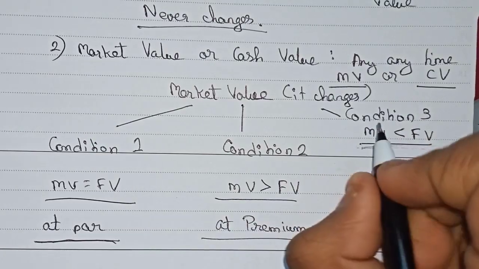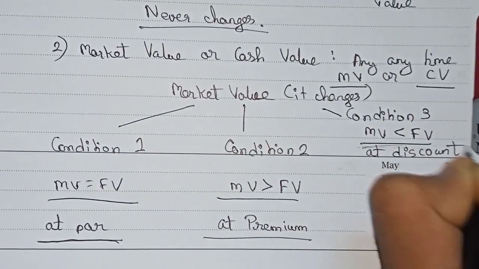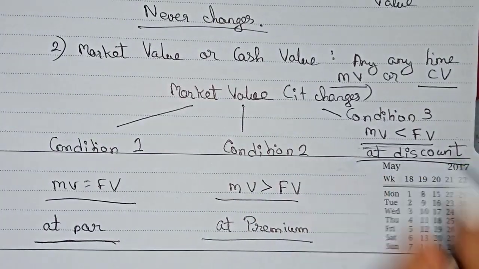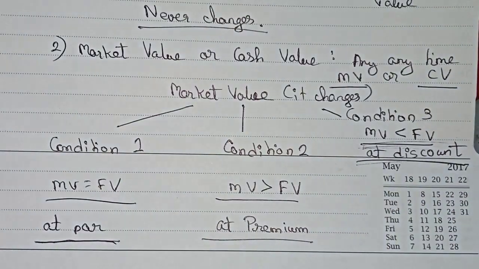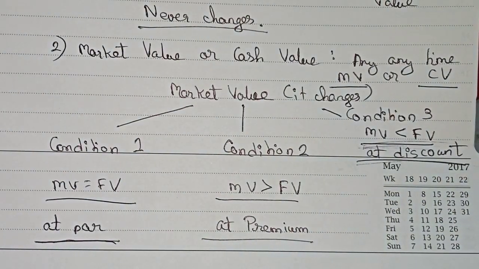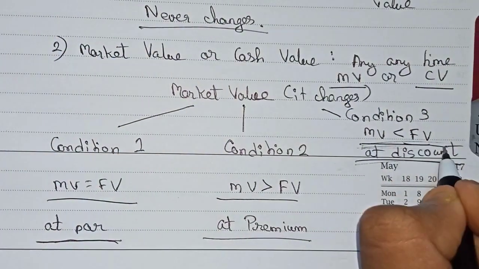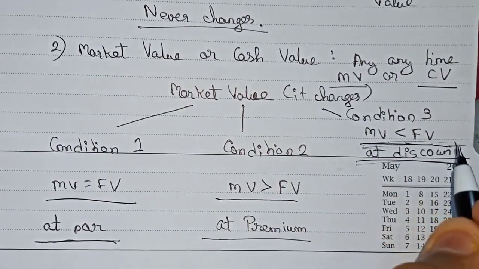So it is called at discount. The example is that the company sets the face value at rupees 100. In the market it is available at rupees 90. So you can say rupees 100 shares at a discount of rupees 90. So face value will be 100 rupees and the market value will be 90 rupees.